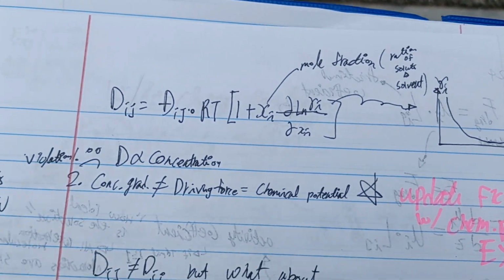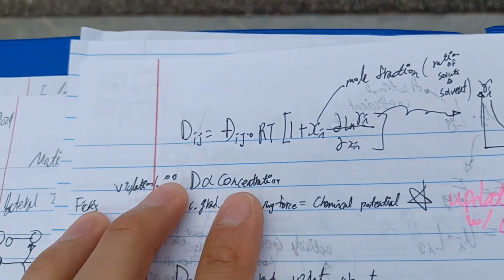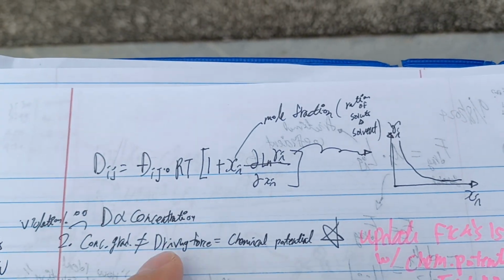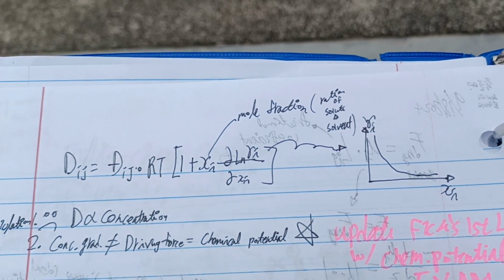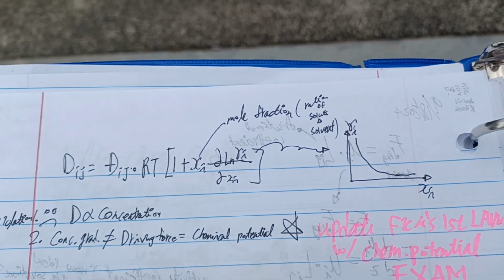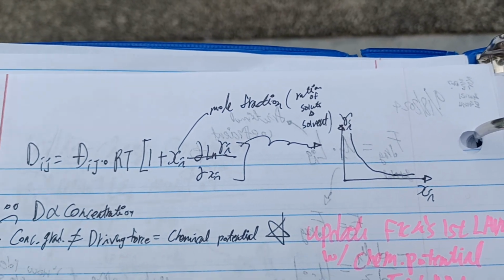So now in the non-ideal cases, we show this D with the line times RT, the same thing as beforehand, but we have this Xi, which is a mole fraction, a ratio of solute and solvent.